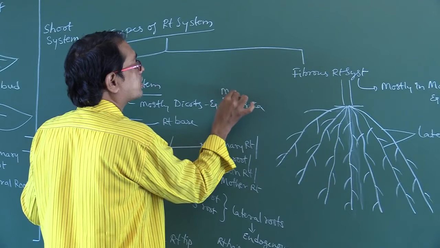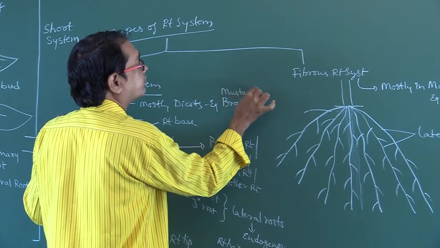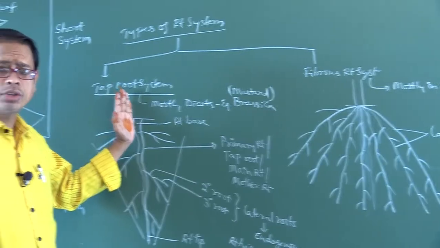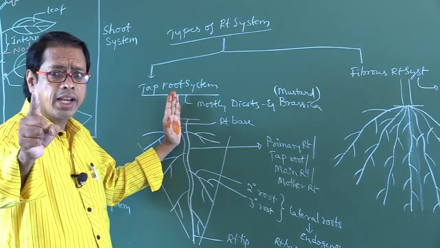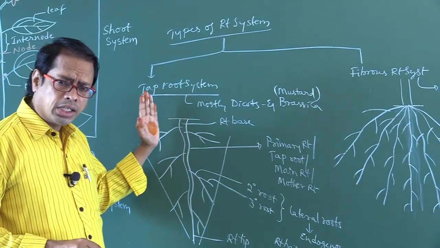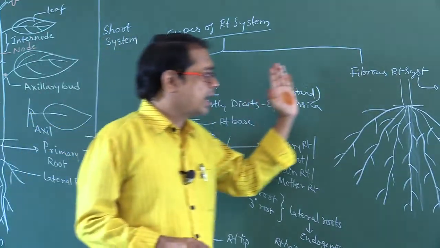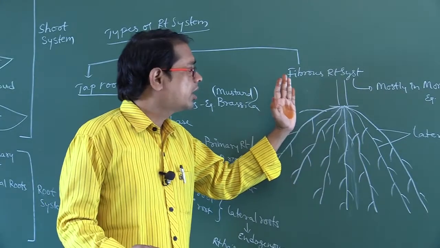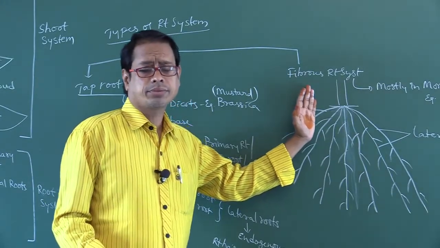Brassica means mustard. A few differences: the root system that is developed from the radicle is called the taproot system. The one developed from other than the radicle and appearing fibrous is called the fibrous root system.